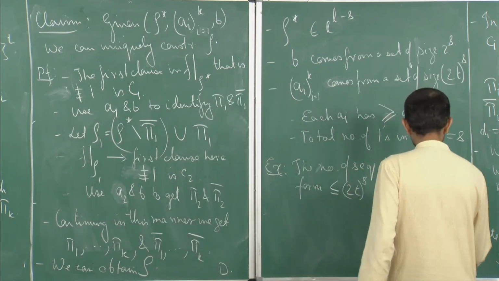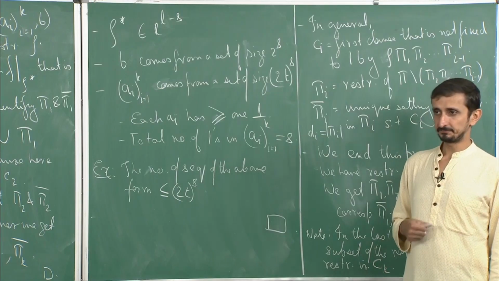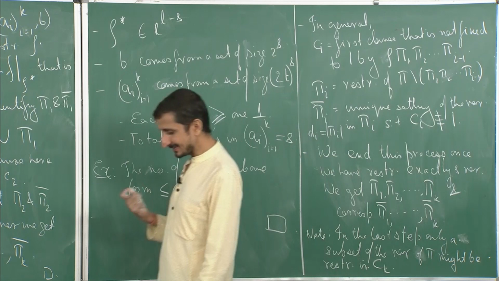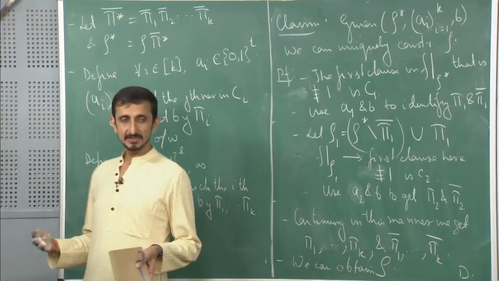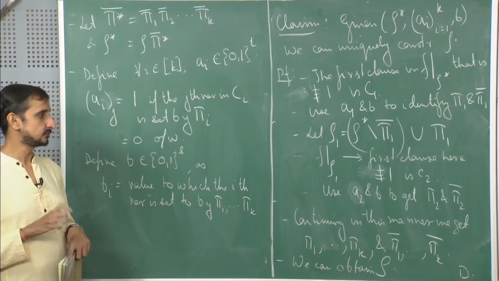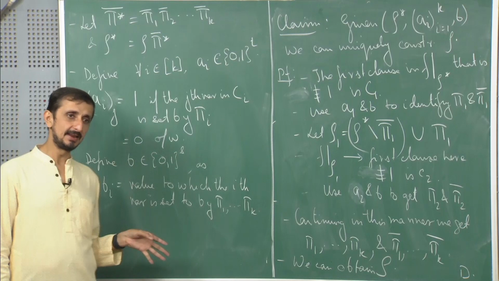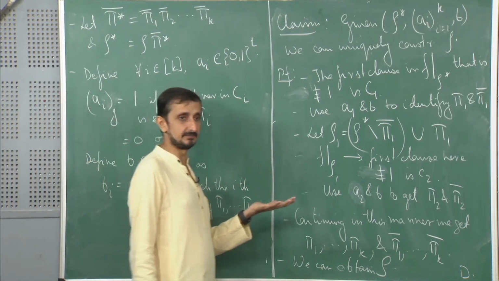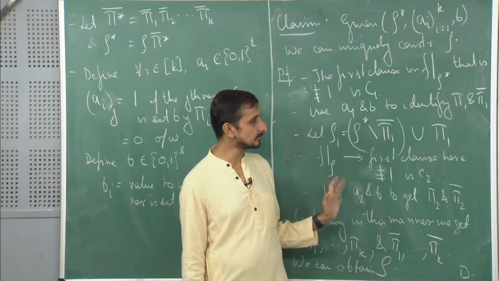Okay, so this completes the proof of Hastad switching lemma. So, of course, this is a very complex proof, and one more thing that I should mention here is that this proof was given by Hastad during his PhD. Okay, so this was part of his PhD thesis, and the proof that he gave was slightly different.